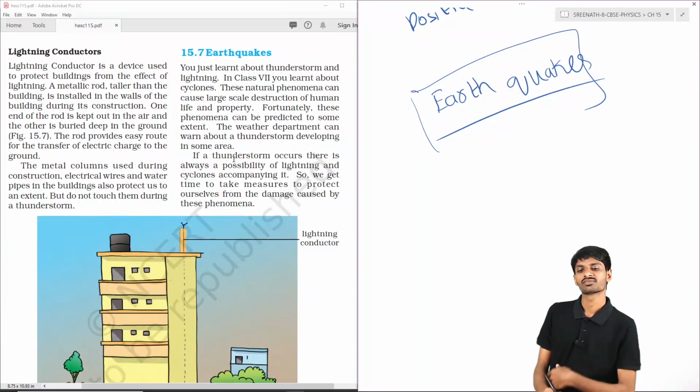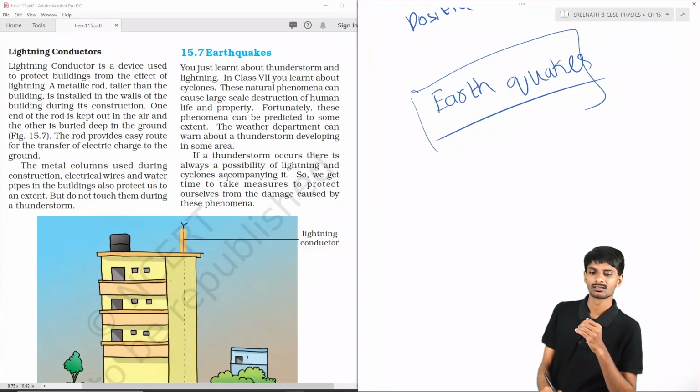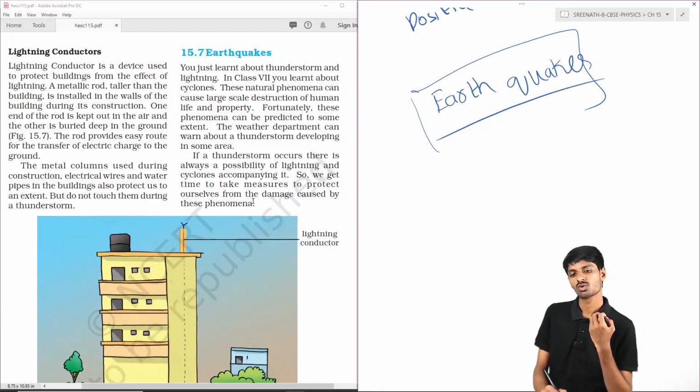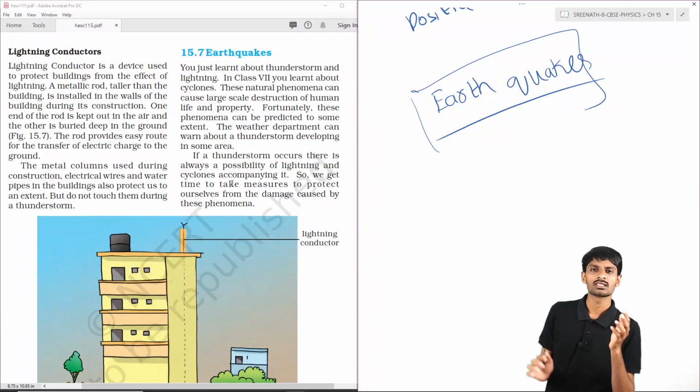If a thunderstorm occurs, there will always be a possibility of lightning, and there may be a cyclone. So there is time to take some decisions, time to move to safer places, and time to protect ourselves and minimize the damage.